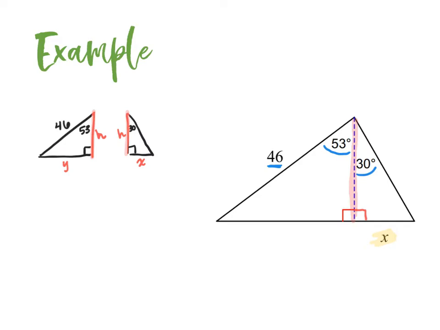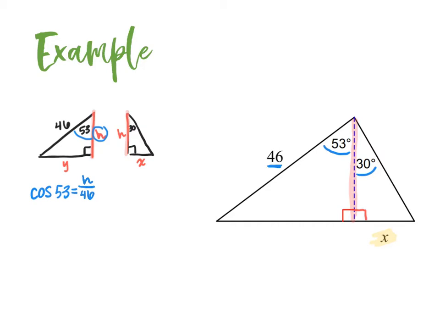So I'm going to first work on solving the bigger right triangle, where I have a side measurement. I can find h using this 53 by using cosine, because h is adjacent to 53 and 46 is the hypotenuse. So the cosine of 53 equals adjacent over hypotenuse, so h over 46.